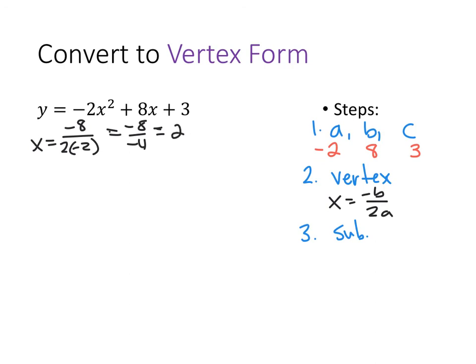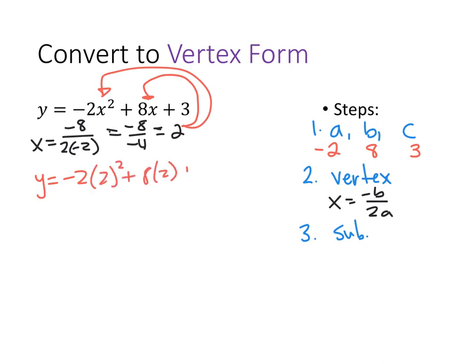Now I take that positive 2, plug it in everywhere that I see x, and so I have y equals negative 2 times 2 squared plus 8 times 2 plus 3. I can go ahead and simplify that. So negative 2 times 4 plus 16 plus 3, and then I can get a final value of y equals 11.